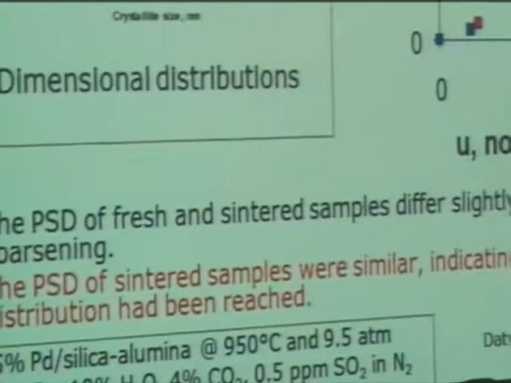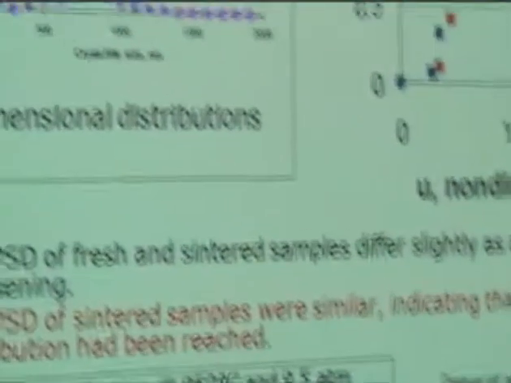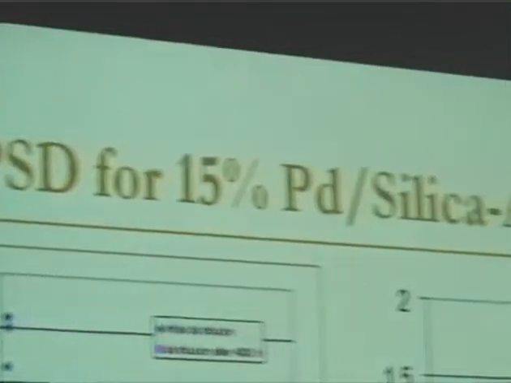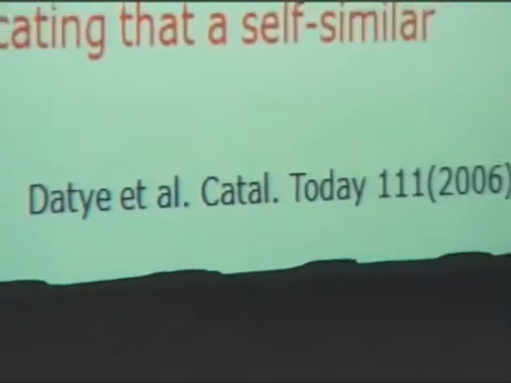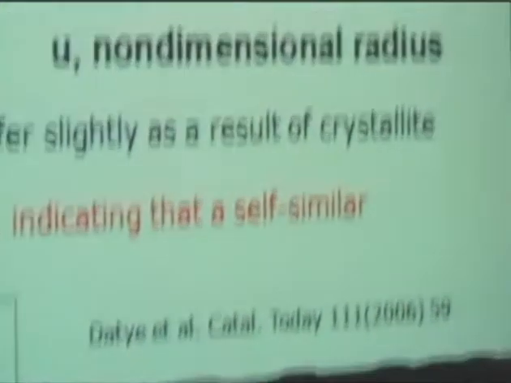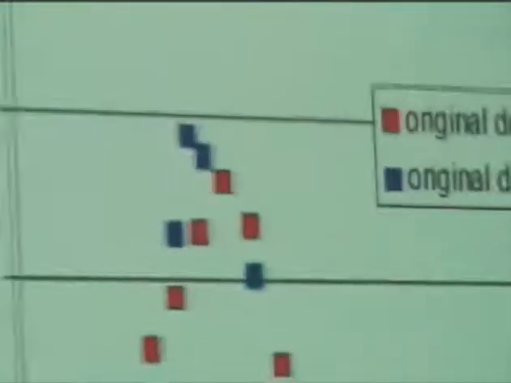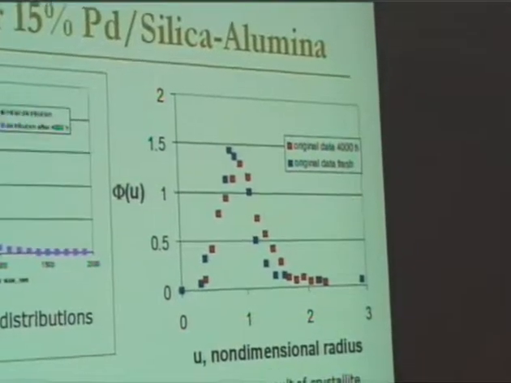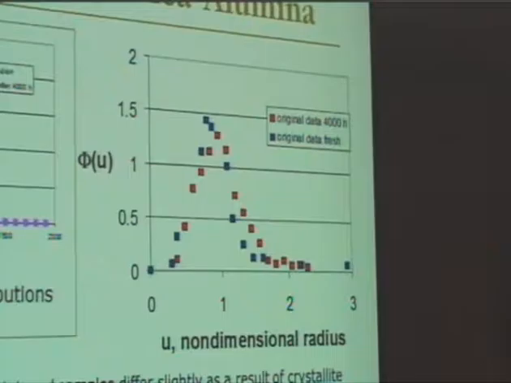And so how does that relate with the experimental information? These are data that we got from a publication by T and other co-authors. And this is the way that you will see a particle size distribution once you normalize it properly using a proper non-dimensional structure for the radius and for the particle size distribution.